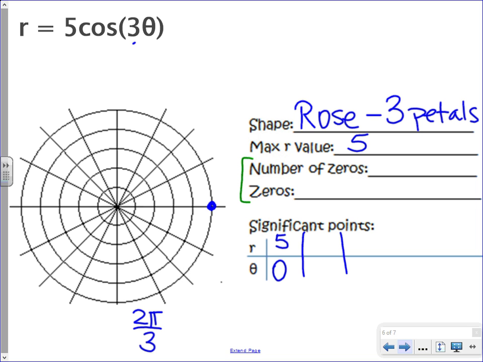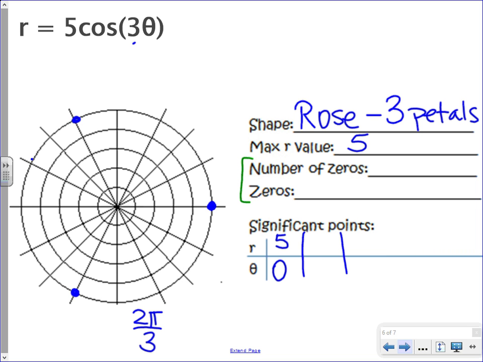So your petals need to be 2 pi over 3, or 120 degrees apart.